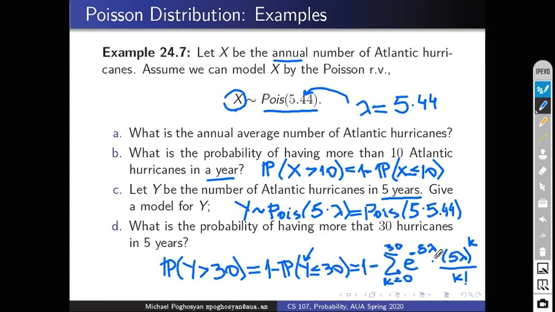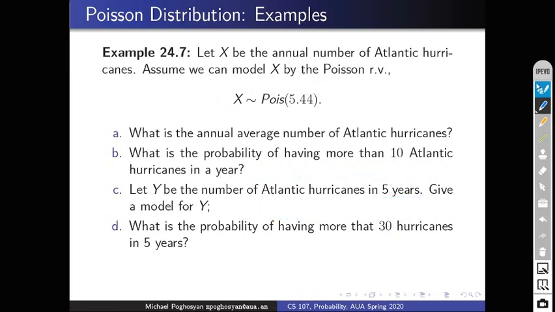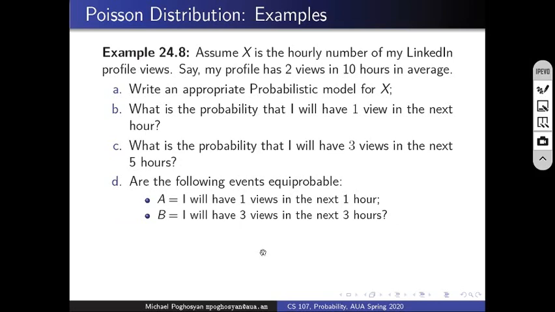And we can calculate this by using R. We have the value of lambda, so we have everything to calculate this probability. Okay, let's move forward.